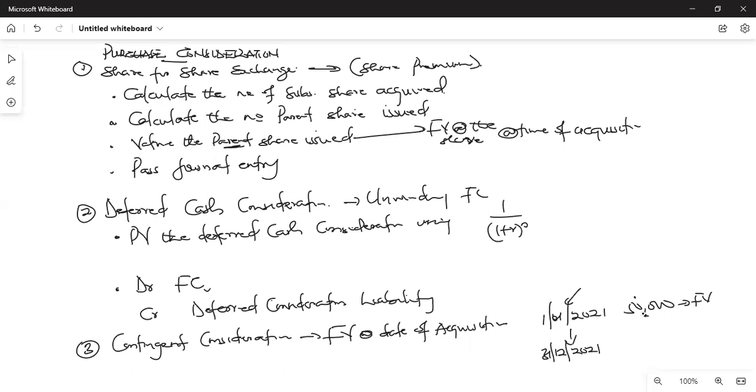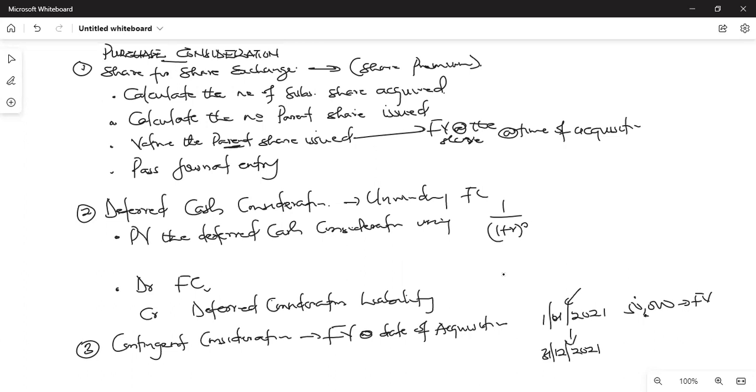But oftentimes you may have a change after the acquisition date. Then the standard says we need to distinguish whether the contingent promise is cash or a loan.